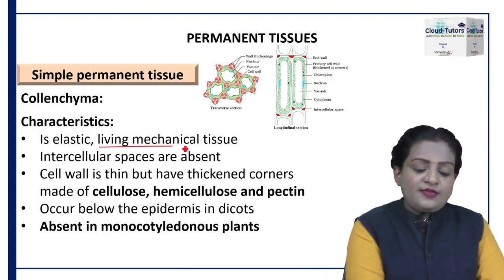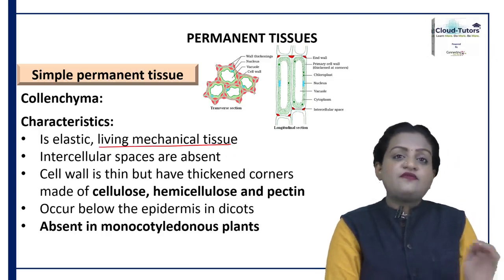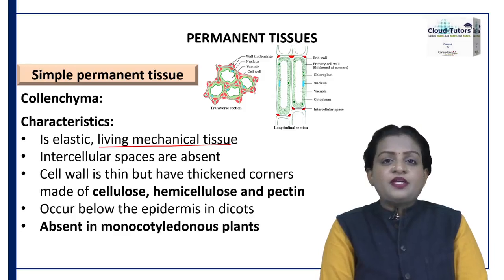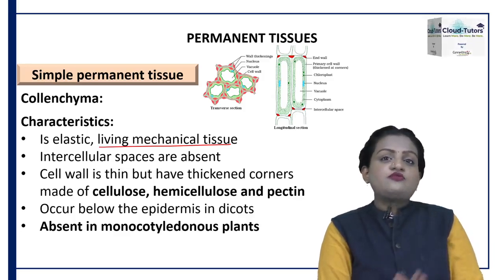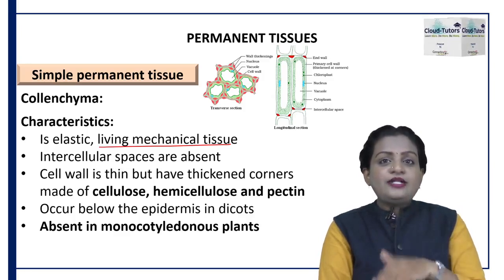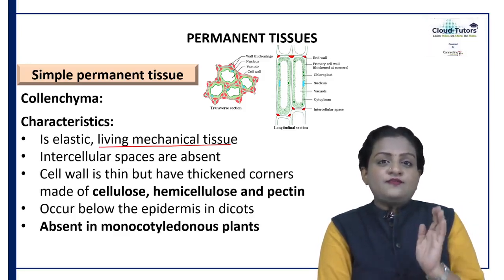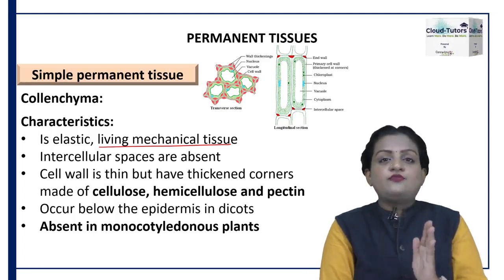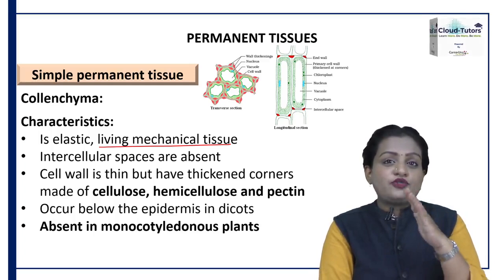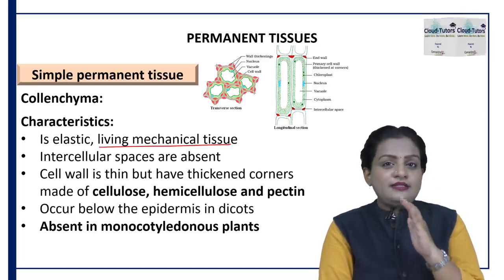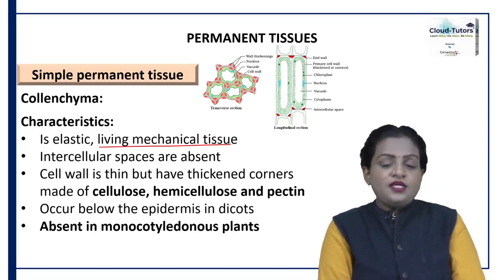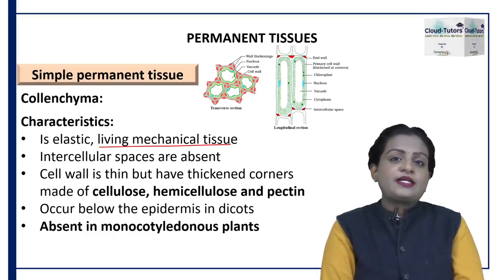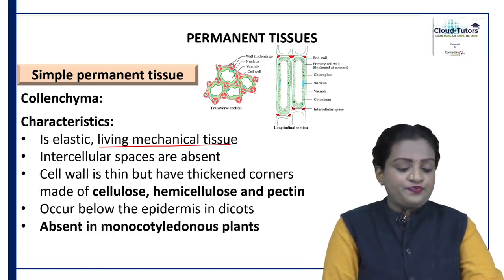Since it is called living mechanical tissue, it will facilitate some amount of bending movement for the plant body. But monocot plants do not have the ability to bend according to the wind, because of absence of collenchyma. Since collenchyma is absent, monocotyledonous plants, if you try to bend beyond certain limit, will actually break. So this particular bending option is given by collenchyma, a mechanical living tissue.